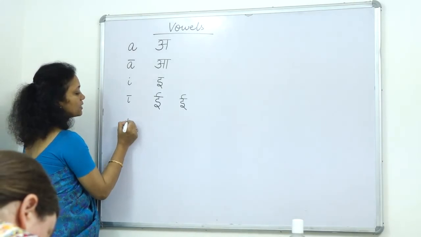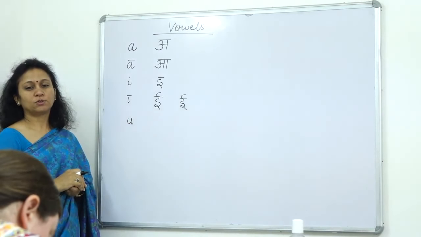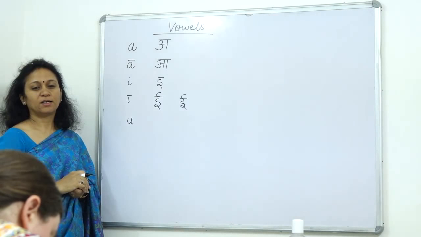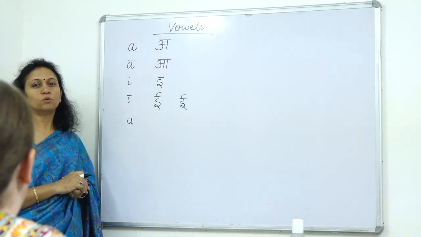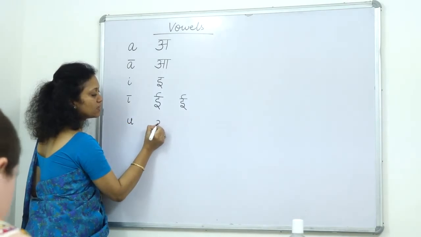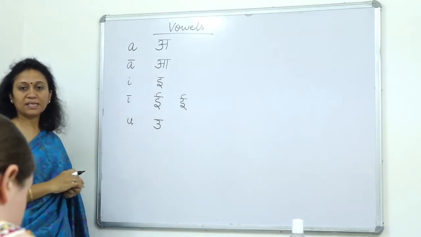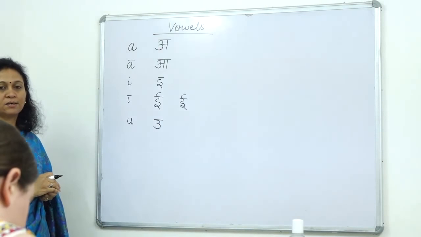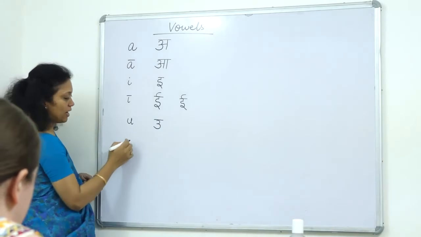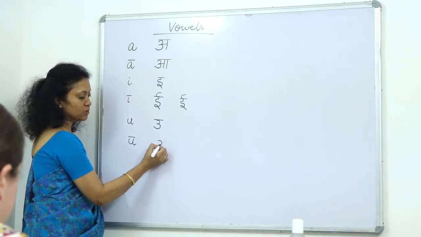Then the next sound is a short oo. For the oo, it's again easy because you just make the 3. That's it. Nothing else. And then when you have the long oo, again the same, make the 3.